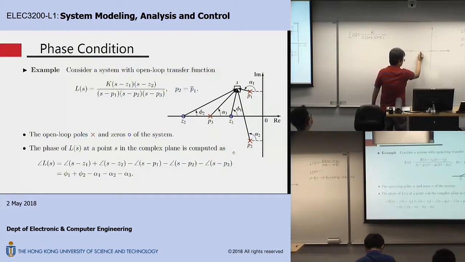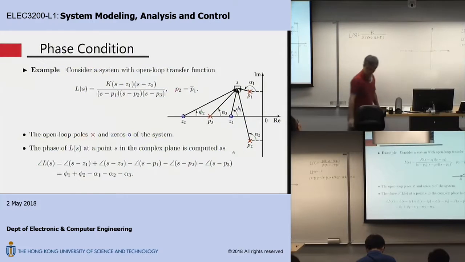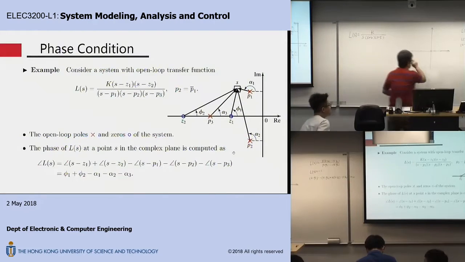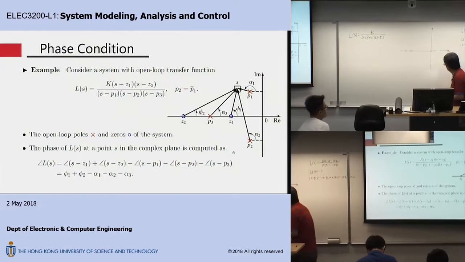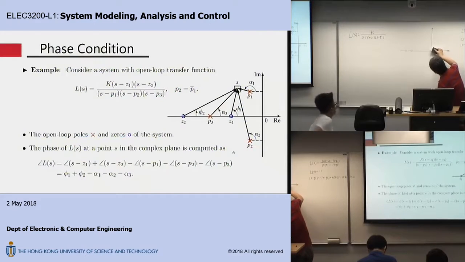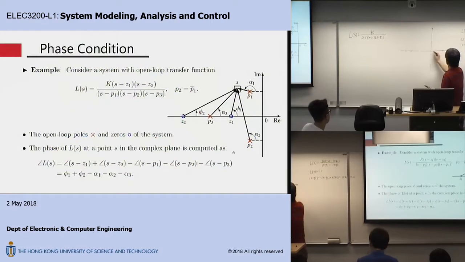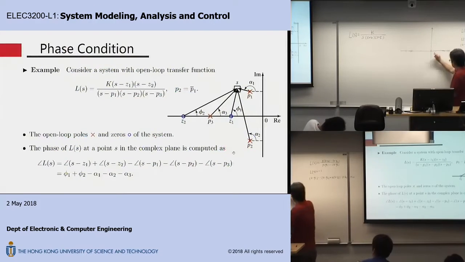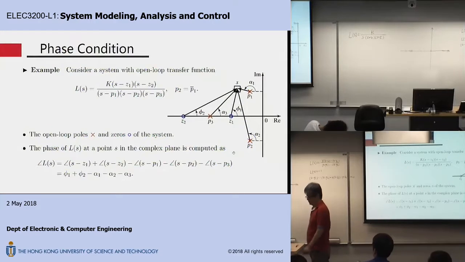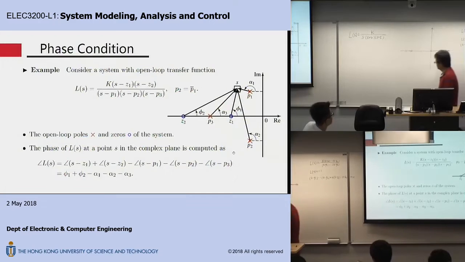What about this point? Again, you play the same trick. I know that this ray, from the origin all the way to infinity, none of those points is in the root locus.